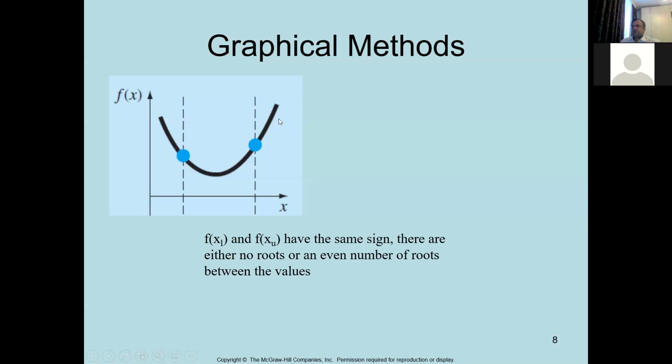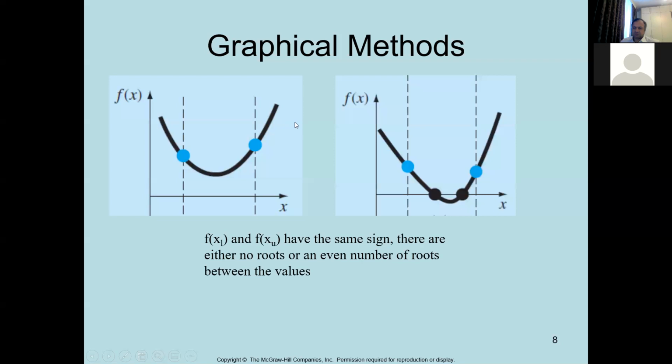So we can make a conclusion that if the values of a function between two values of the independent variable are of the same sign, either positive or negative, then we may have no solution or an even number of solutions. For an even number of solutions, we may have this kind of situation.